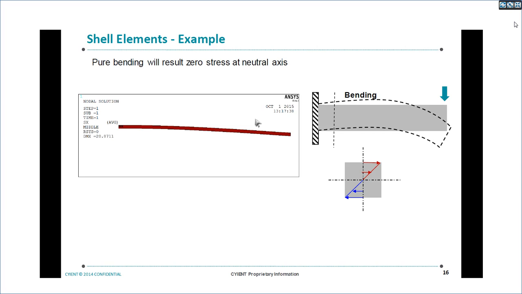So this is how we can extract results in shell elements. We can extract stresses in the mid surface, top surface, and bottom surface. These stresses are calculated based on the rotations, based on the additional rotation degrees of freedom available in the shell element.